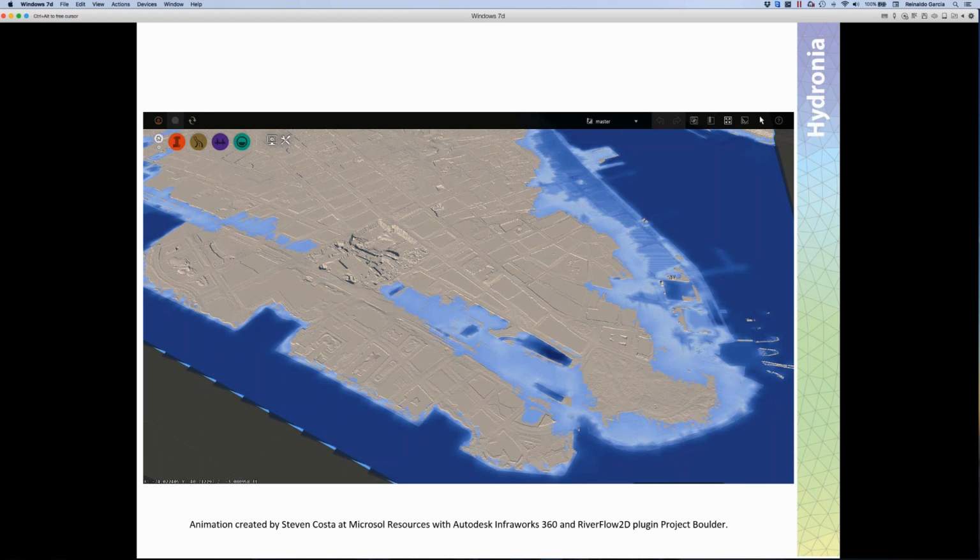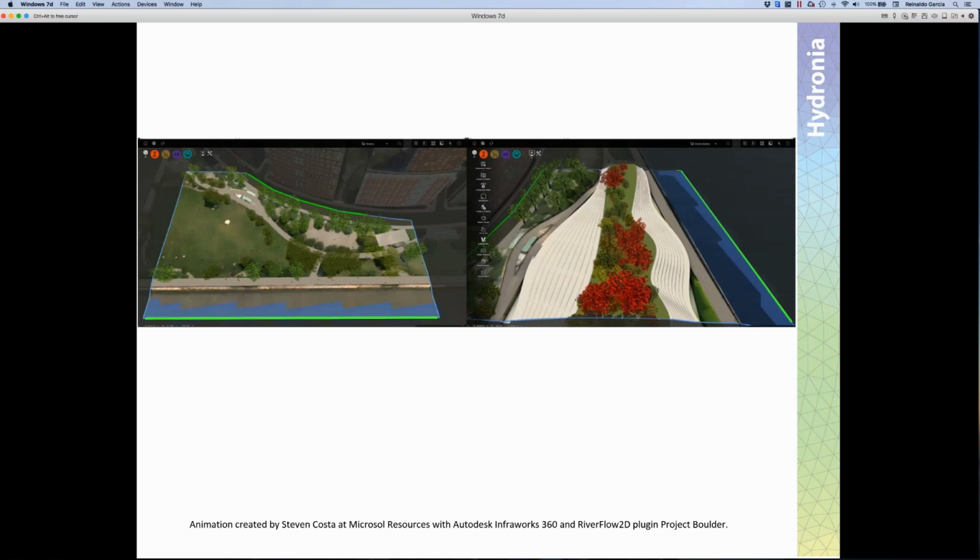With Riverflow 2D, you can have as much detail as you decide, because you can refine the mesh exactly in the areas that you want without having to create a lot of unnecessary elements elsewhere. In this particular case, there is a mesh that can capture the streets and the buildings in a lot of detail as well.